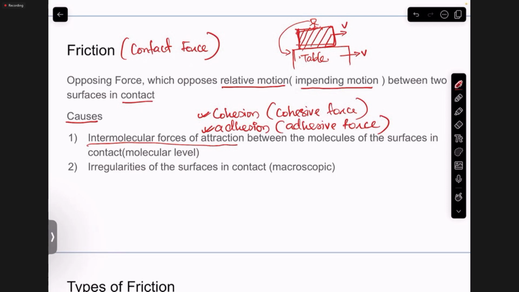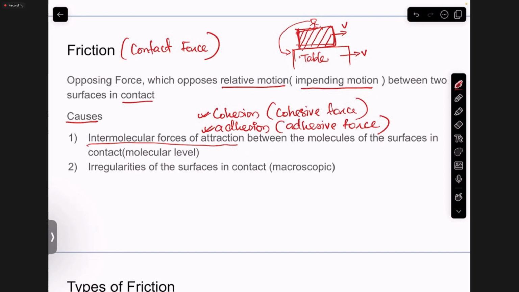At the macroscopic level, for example, if you use a lens or a magnifying glass, you can see that any smooth surface is not that smooth. In reality, almost every smooth surface that you see in the real world is not really that smooth. Every surface will have a certain kind of irregularity over it.